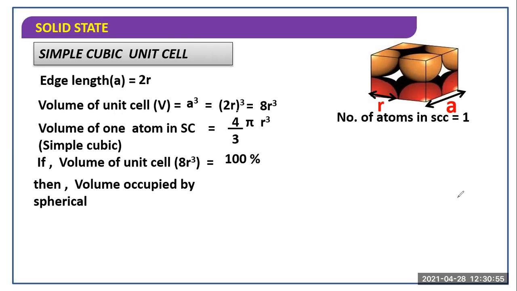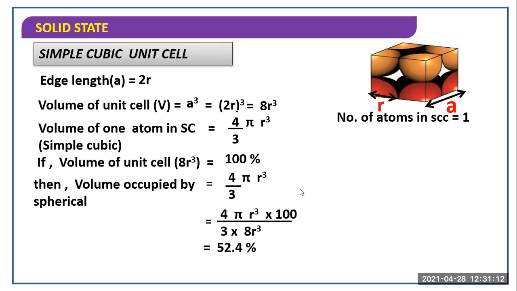So the packing fraction will be this, and it is multiplied by 100 for the percent fraction. Okay, so R cube is cancelled out, then it's 52.4% or 0.524 fraction. Okay, for simple cube, this is the packing fraction.